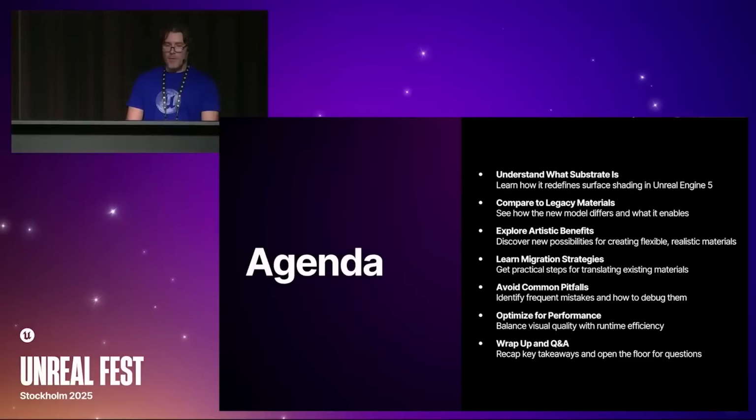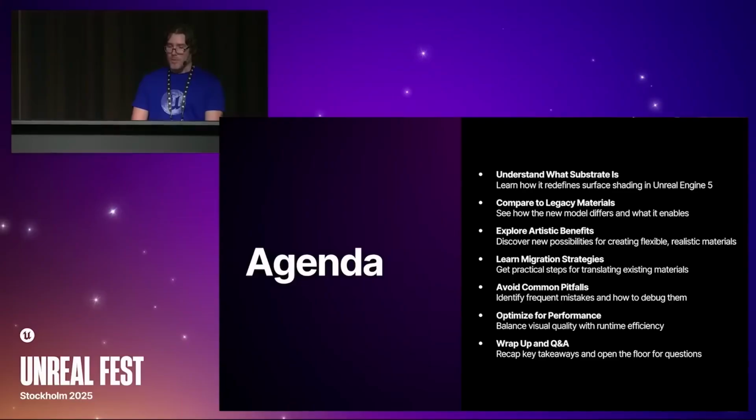Then we'll walk through how to migrate content, what compatibility looks like, and how to approach the transition incrementally. After that, we'll talk about some common pitfalls and performance considerations, especially when working with layered materials and composition operators. Finally, we'll wrap up with a look at where Substrate is headed and close with some key takeaways and a bit of time for questions.